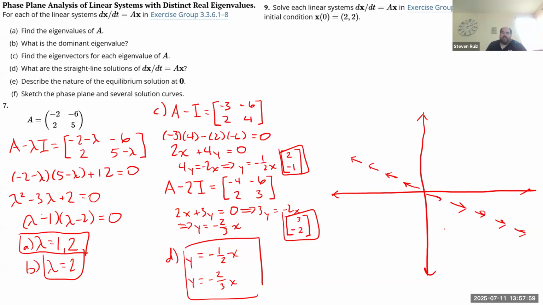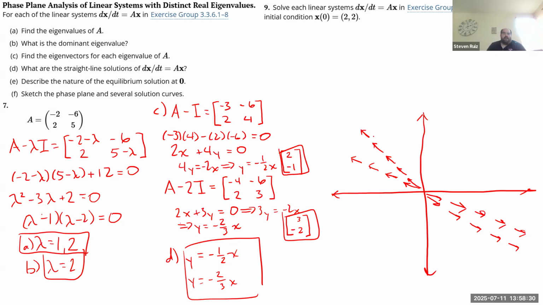The other one is negative 2/3 x. Again, these slopes are very similar. This one's a little steeper. And for the same reason as our other eigenvalue, we have the vectors pointing away because this is a source.